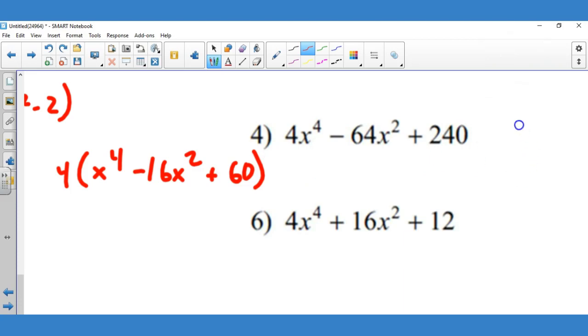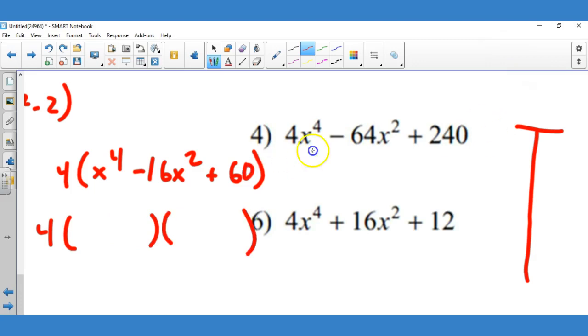Now, what are the factors of our constant, which is 60, that will add to give me -16? So of 60, you have 1 and 60.